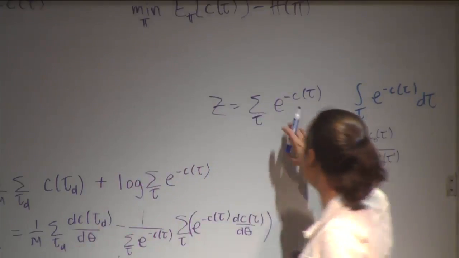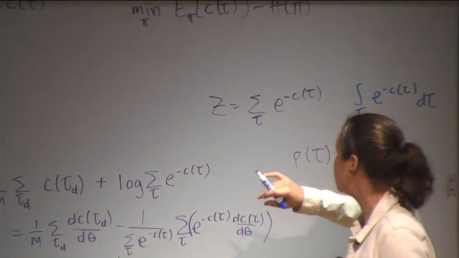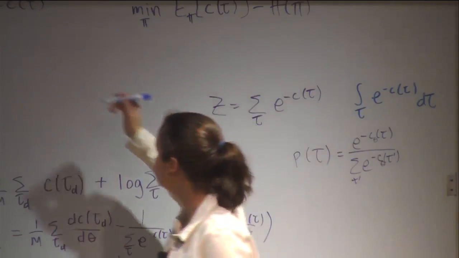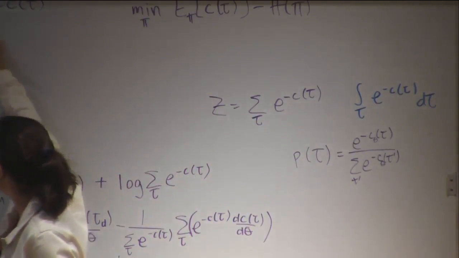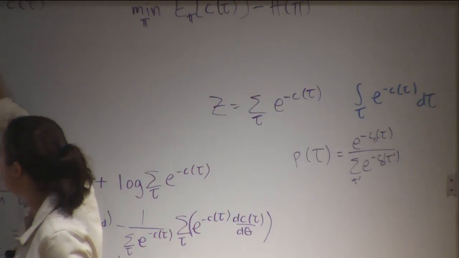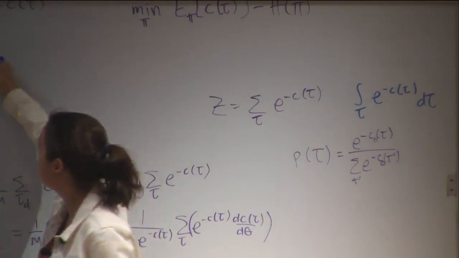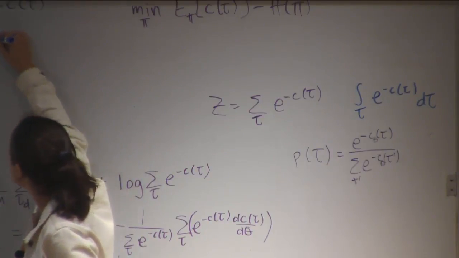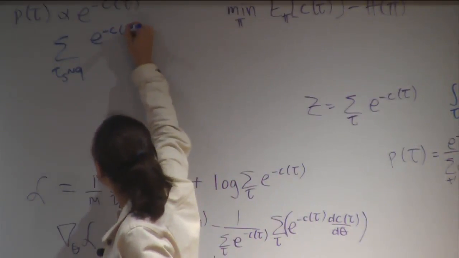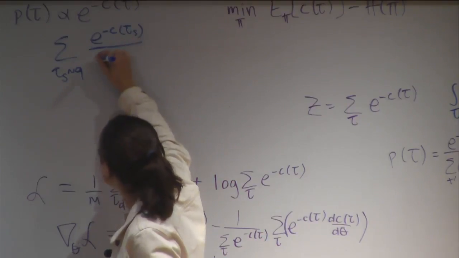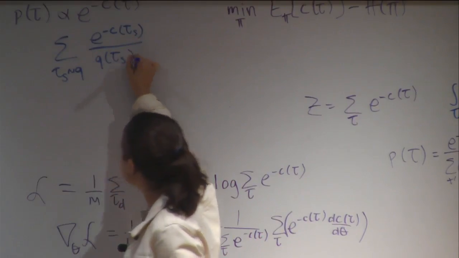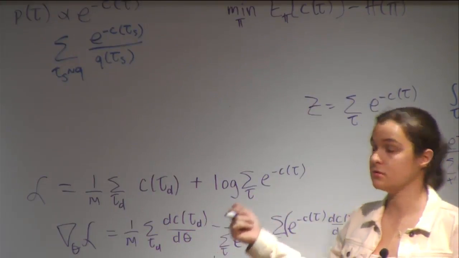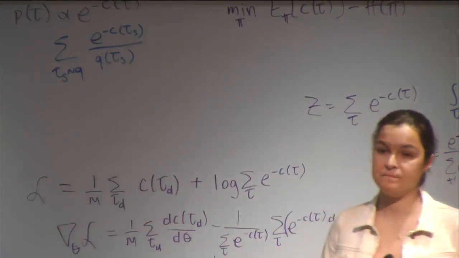So our goal is to estimate this value right here, and to estimate this value, what we're going to do is draw samples, which I'm going to denote with tau s, from some distribution q, and then approximate this as e to the negative c of tau s divided by the probability q of tau s.